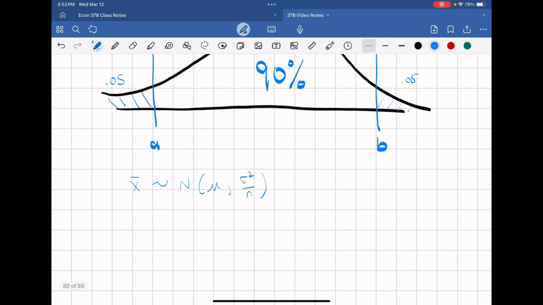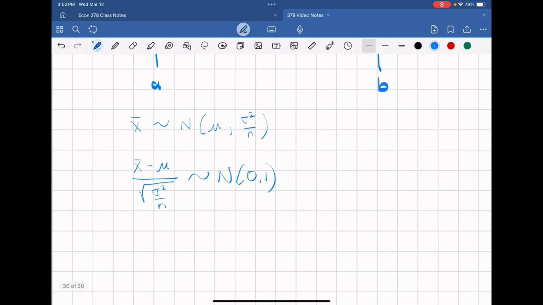We can then normalize this, so we don't have to take the integral of a normal PDF: take x bar, subtract off our mean mu, and divide by the standard deviation, the square root of the variance, and this will be distributed normally with mean 0 and variance 1.